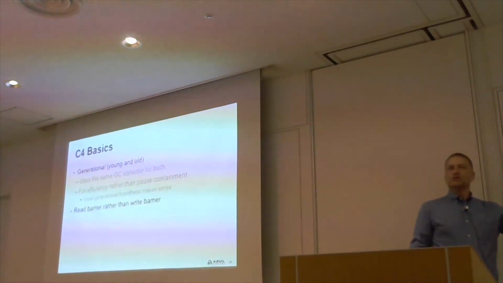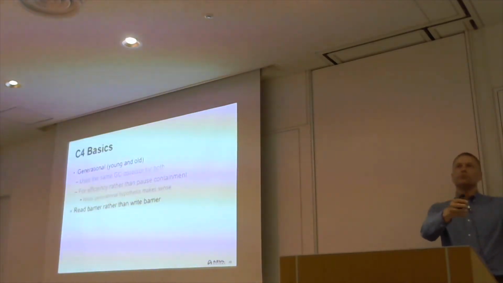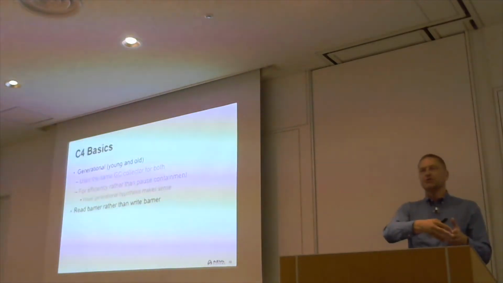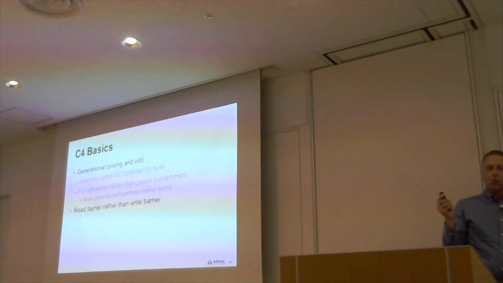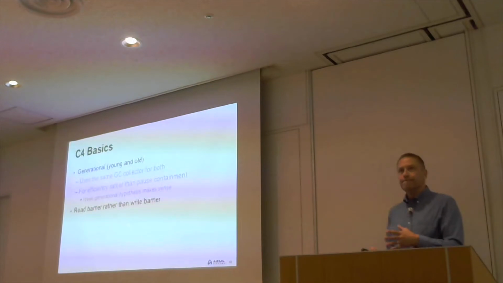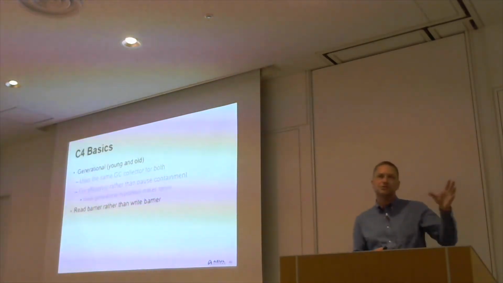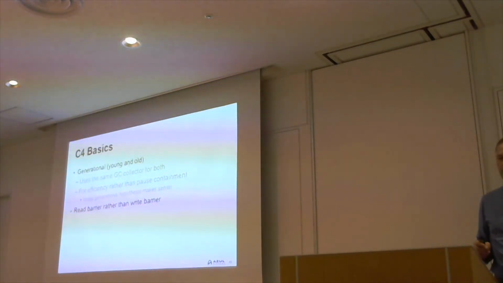If you've ever looked at how a garbage collector works, you'll find there's what's called the young generation, where objects are first allocated, and then they get promoted from the young generation to the old generation once they've lived for a while. We do the same thing, so we have both a young and an old generation, but we use the same collector on both.